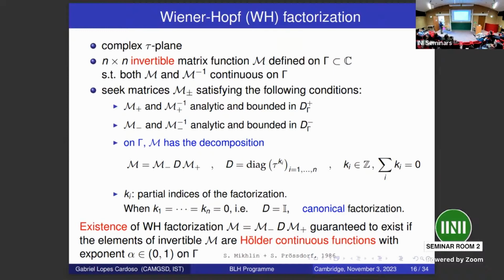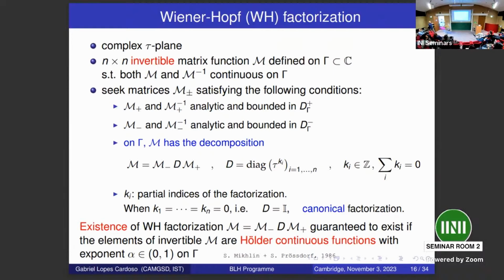And what we seek are matrices M minus and M plus, such that on the curve, this matrix M, which I gave you, and which was continuous on the curve, has this decomposition into an M minus, which is analytic and bounded in the exterior, and so is its inverse, an M plus, which is analytic and bounded in the interior, and so is its inverse, and a diagonal matrix D that has diagonal entries given by powers of tau, such that the sum of these powers adds up to 0. That's Wiener-Hopf factorization for you.